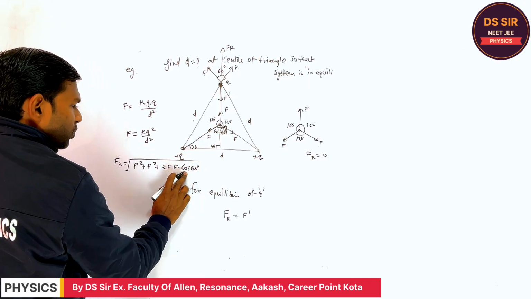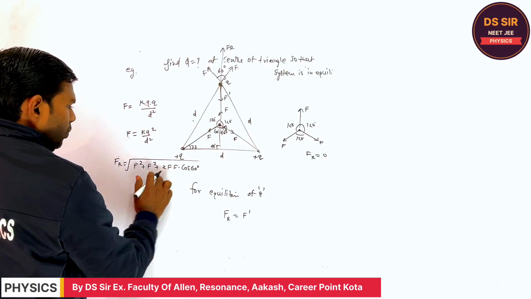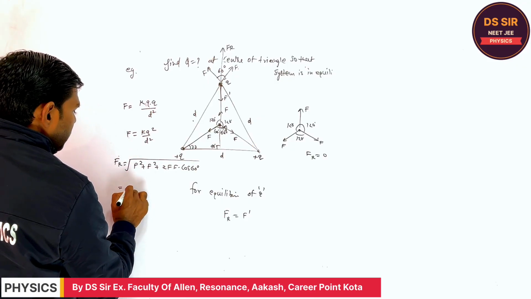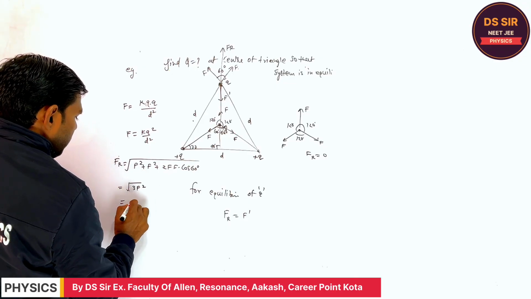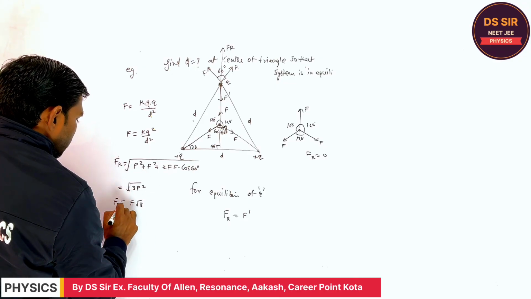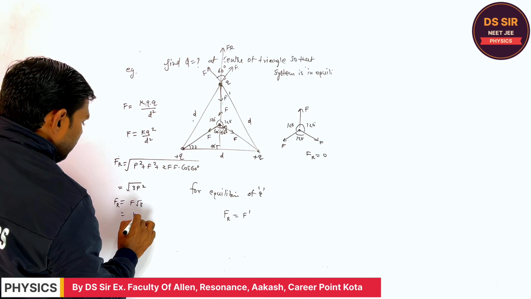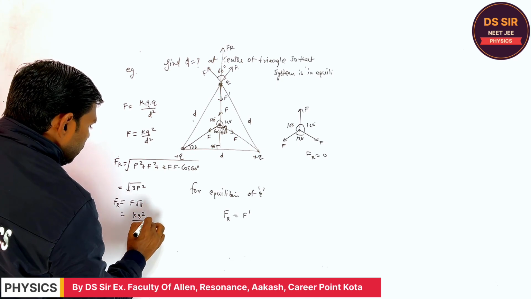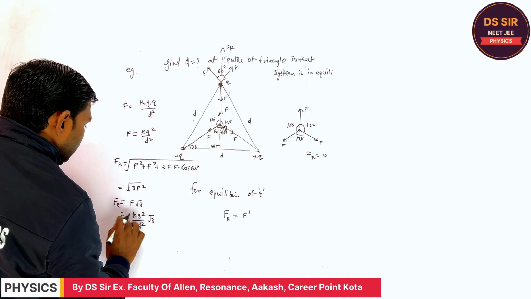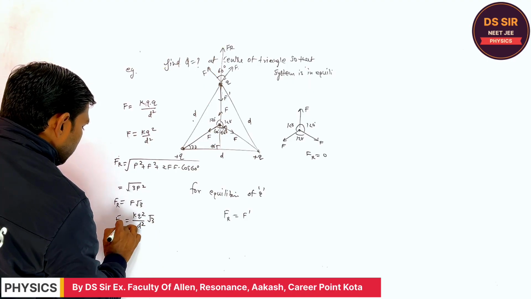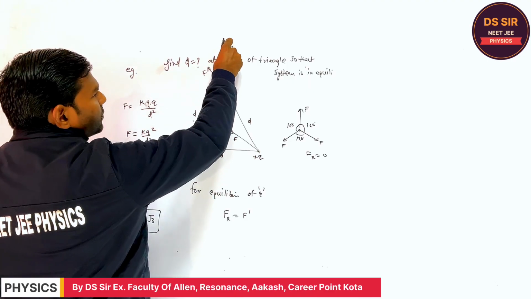Cos 60 is 1 by 2. We'll cancel this 1, 2. So the answer will be F root 3. So what is the F? KQ square upon D square into root 3. Fine. Yes. So this is the resultant force.